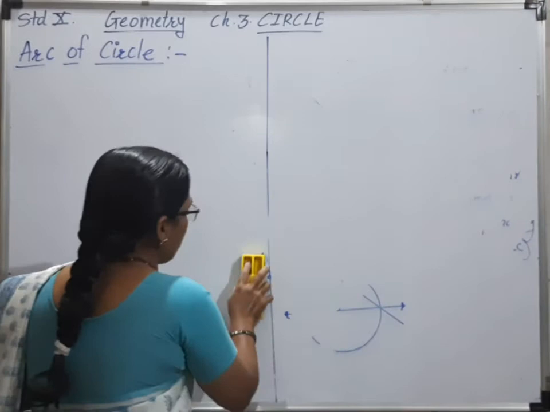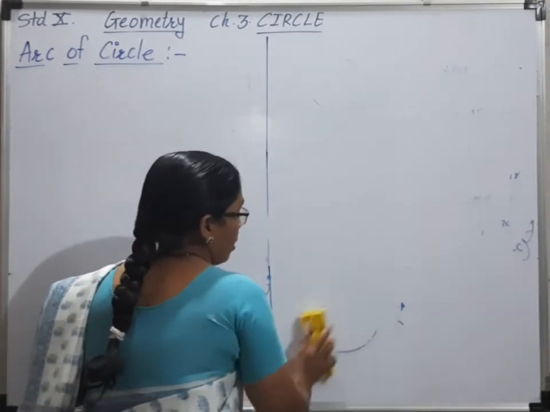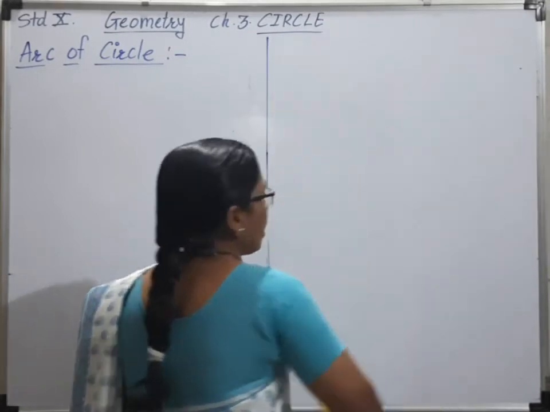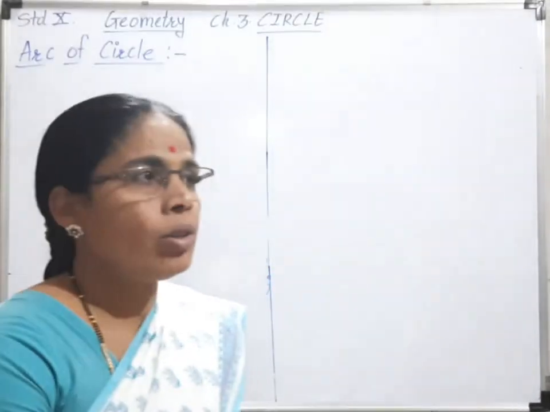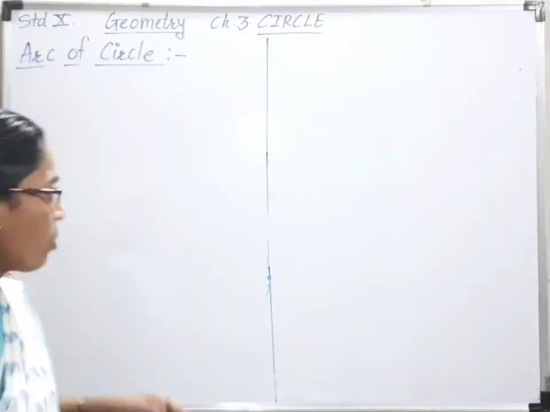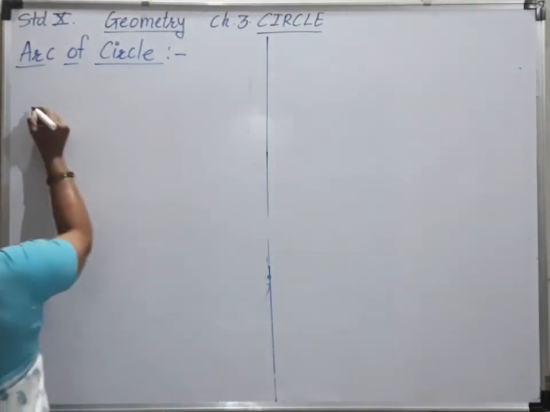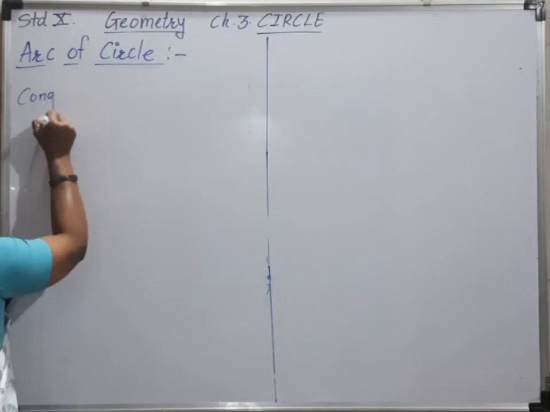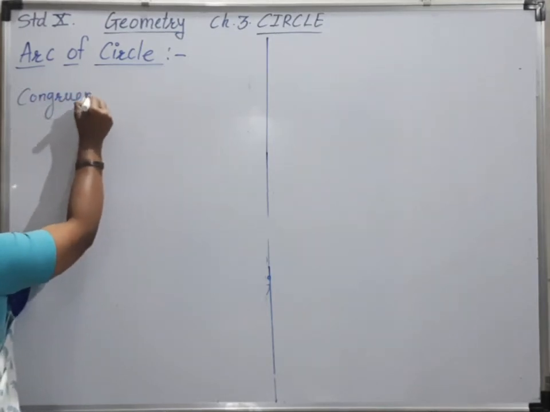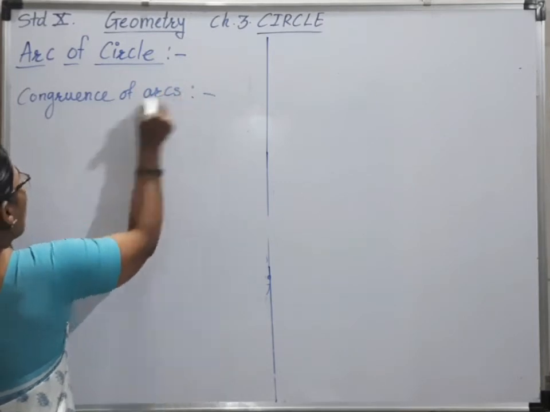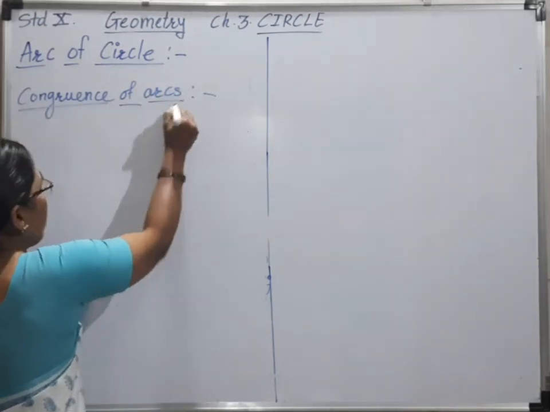If the arcs are intercepted by the same central angle, are they congruent or not? We will see now.